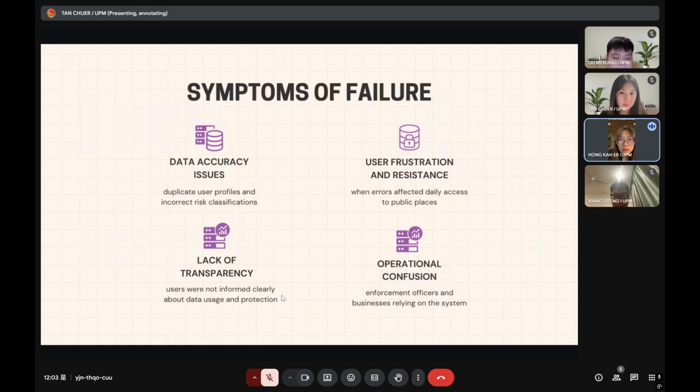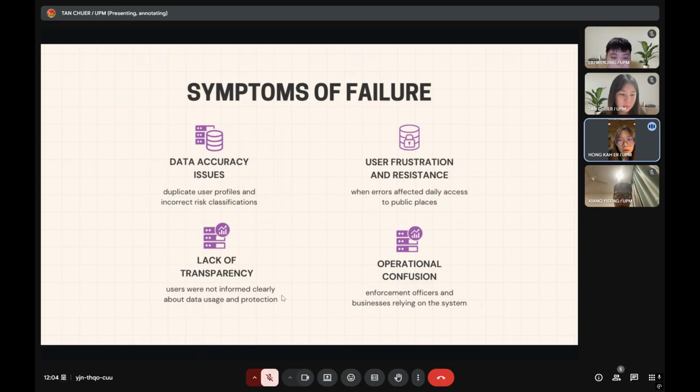So, how did this look to the average user? We saw some pretty frustrating symptoms. First, there were data accuracy issues. Imagine you are trying to go to the grocery shop, but the app gives you an incorrect race status or shows you have a duplicate profile.